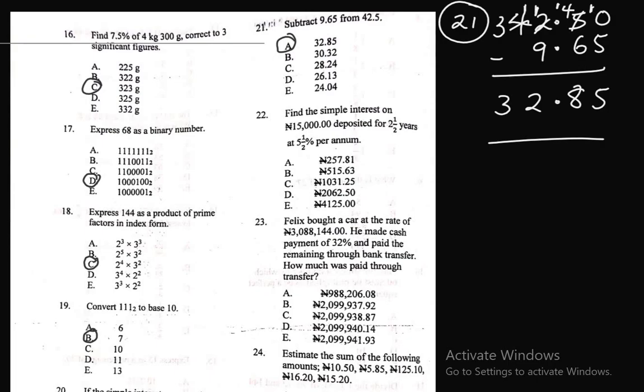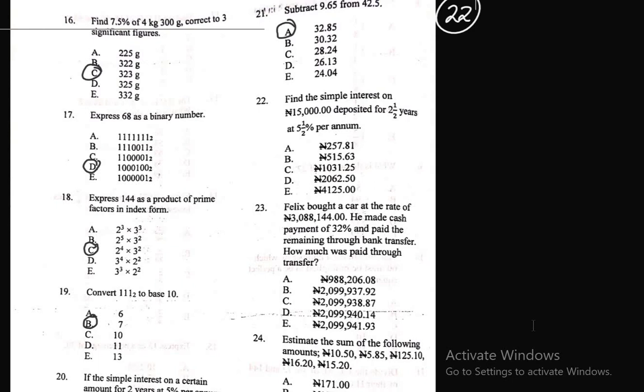Question number 22 says, find the simple interest on 15,000 naira deposited for 2.5 years at 5.5% per annum. So we are going to start by bringing out the numerical values.